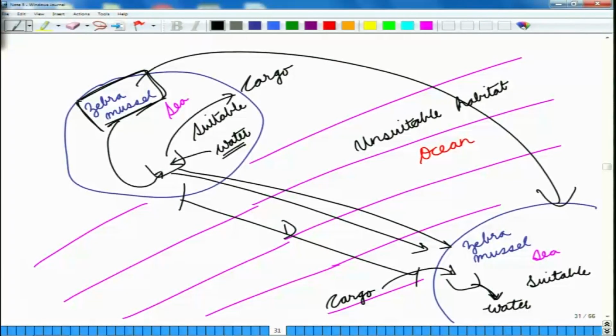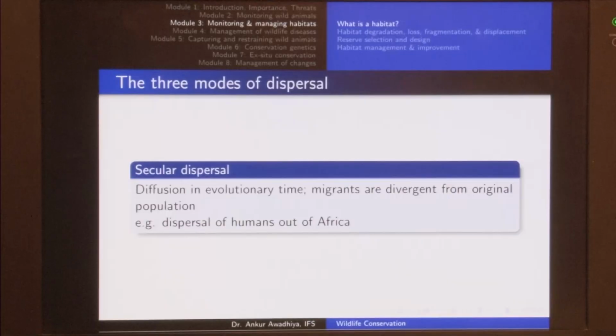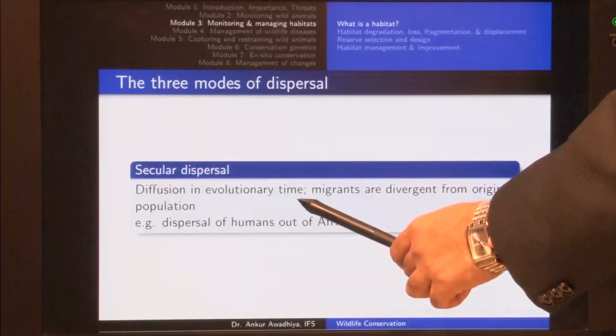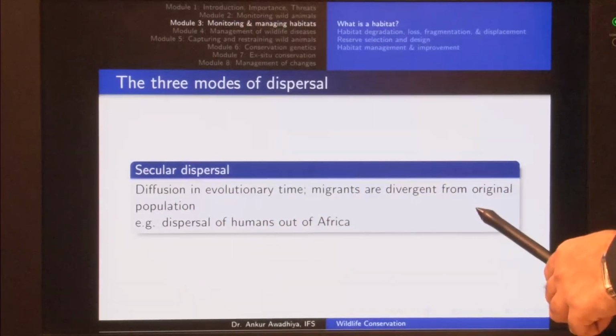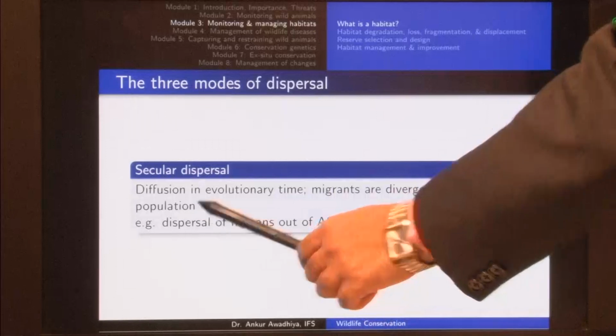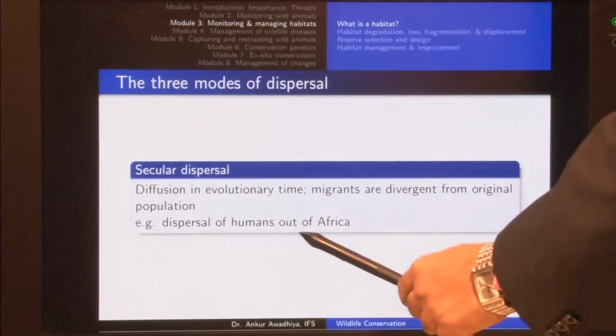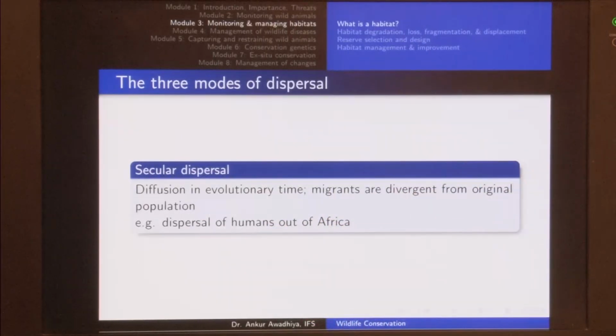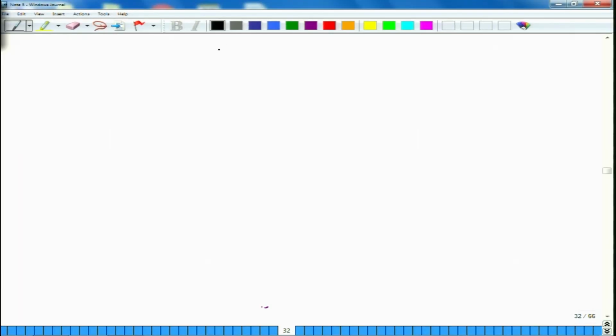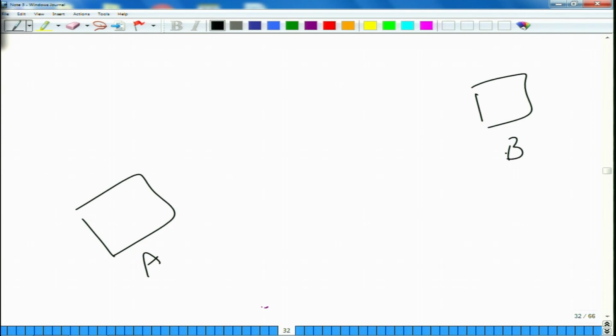The third mode of dispersal is secular dispersal. Now, in the case of secular dispersal, the diffusion occurs in an evolutionary time, and the migrants are divergent from the original population. For instance, the dispersal of humans out of Africa. So, essentially when we have a secular dispersal, then the movement from the first location A to the second location B takes so much time that it is an evolutionary time.